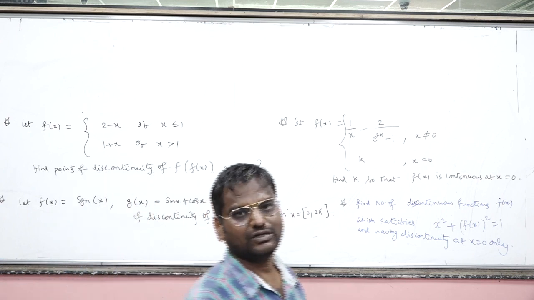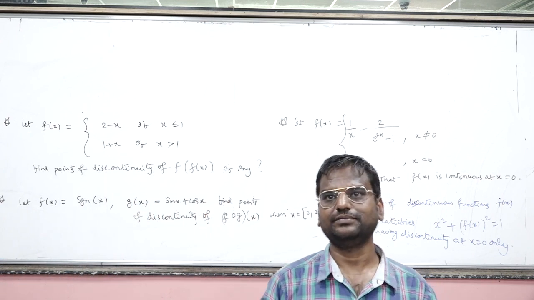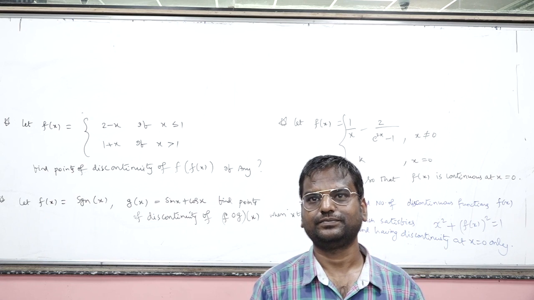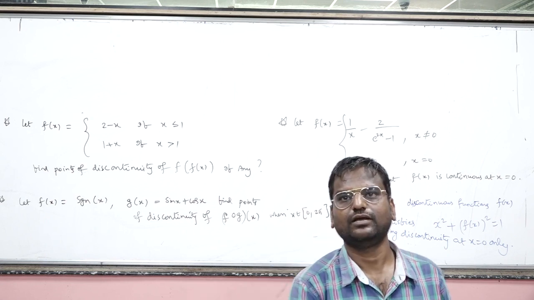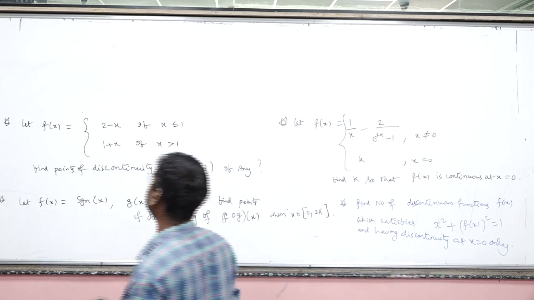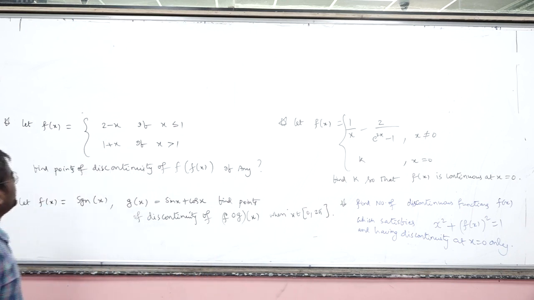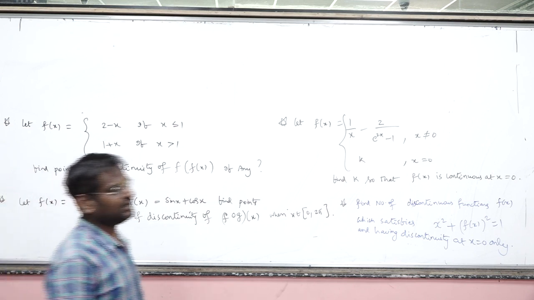I am going to discuss the solutions now. So let us start the first question. Let f of x is 2 minus x if x less than 1, 1 plus x if x greater than 1.